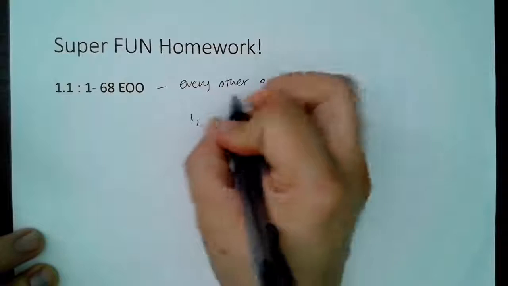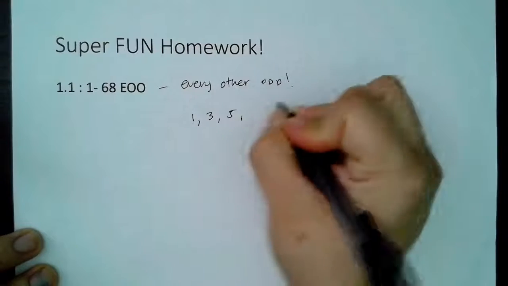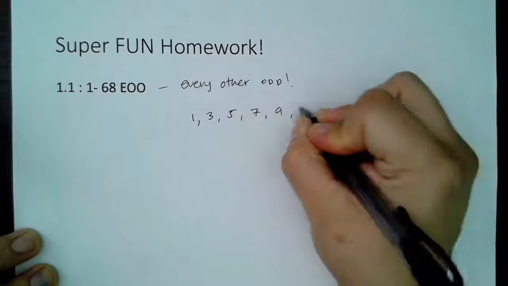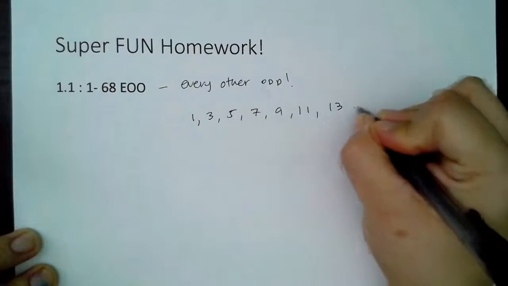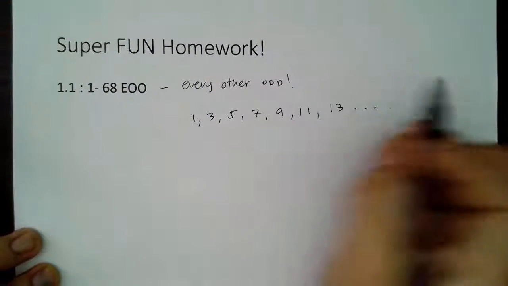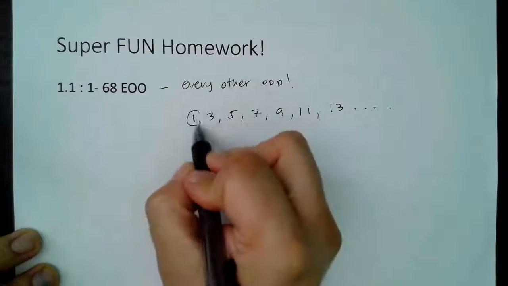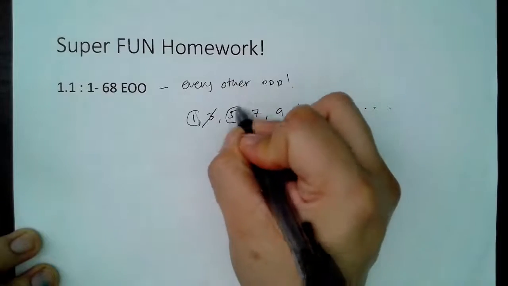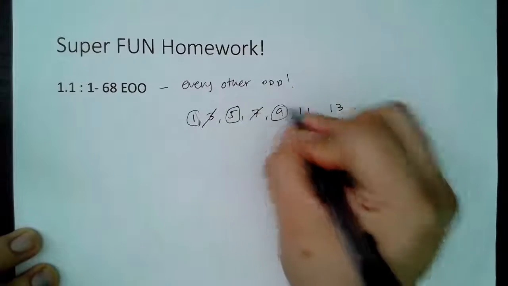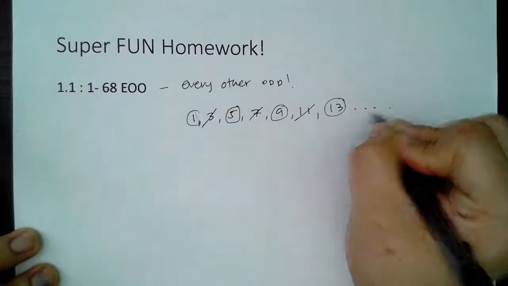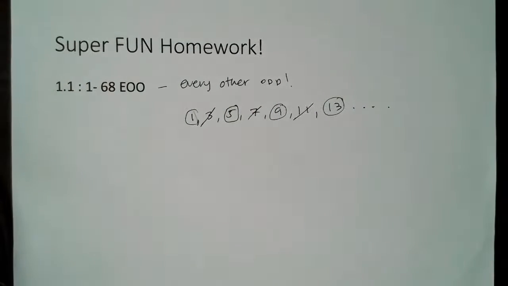Let me explain it in a picture. So 1, 3, these are the odd numbers, starting with 1, and so on. So it's every other, so you would do 1, skip this one, solve this one, skip this one, solve this one, and so on. Okay, so it's actually a lot fewer problems than you think.